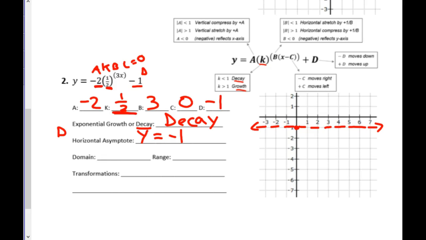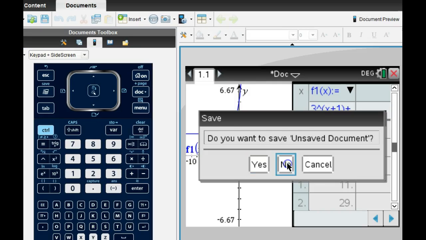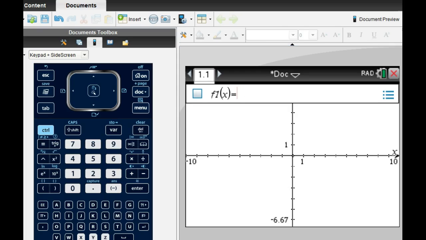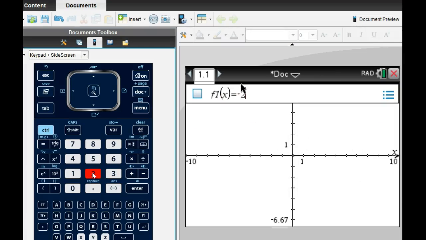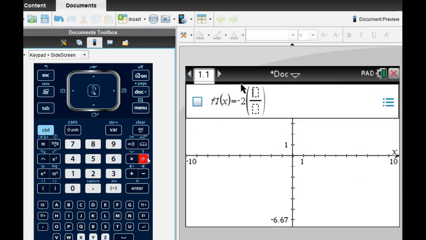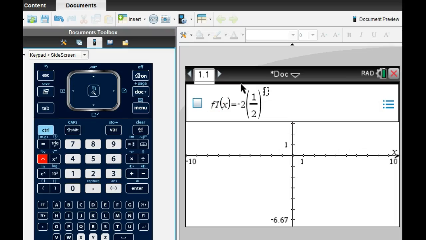Before I do domain and range, let's talk about graphing it. Again, let's go to the calculator to graph it so we can get some points, make a nice looking graph that's on the right side of the asymptote. So on your document, don't save, graph, okay. Negative 2 out front, parentheses, control divide, 1/2, caret, and then we're going to have 3x in the exponent.